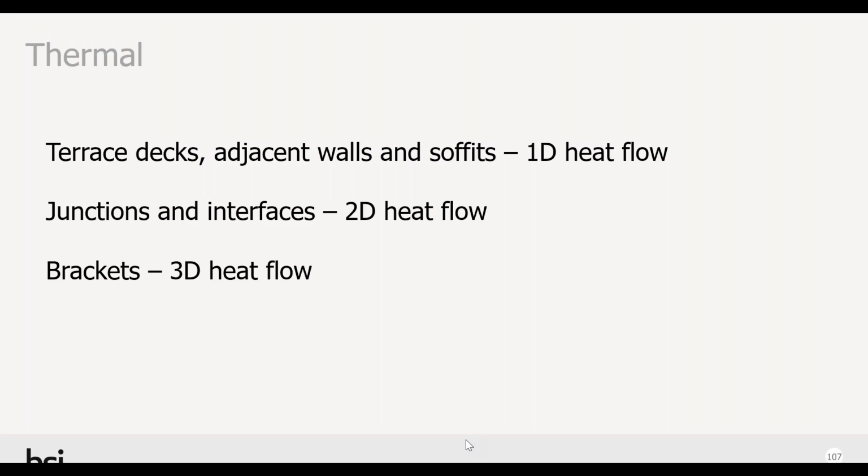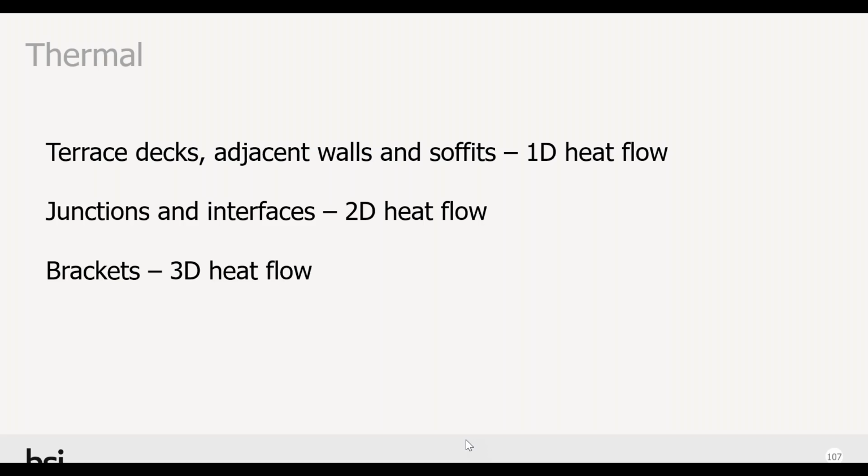So firstly, one-dimensional heat flow needs to be assessed through the plane surfaces such as terrace decks, the adjacent walls and any soffits. That implies that there will be junctions and that requires two-dimensional heat flow. And of course, where brackets penetrate through, three-dimensional heat flow needs to be calculated as well.